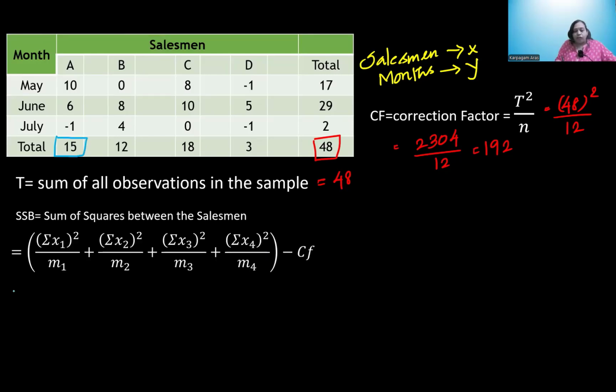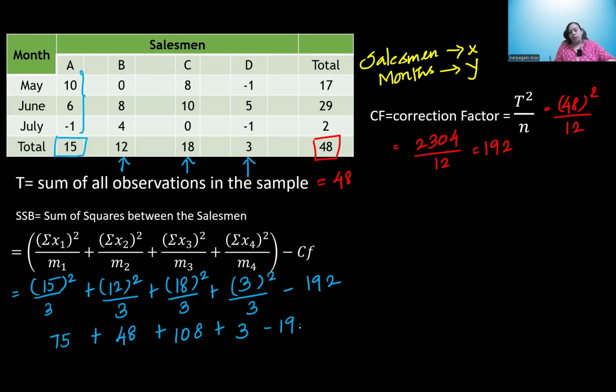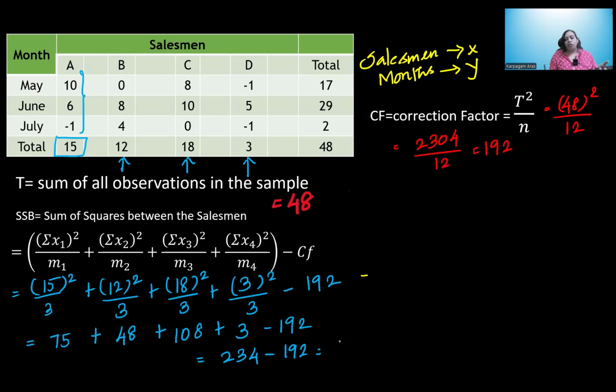Summation of X1 is 15, divided by the number of samples inside, which is 3, plus 12 raised to the power of 2 divided by 3, plus for the third salesman the sum is 18 raised to the power of 2 divided by 3, plus summation of X4, 3, the whole square divided by 3, minus the correction factor of 192. 75 plus 48 plus 108 plus 3 minus 192. 234 minus 192. This will give us 42.